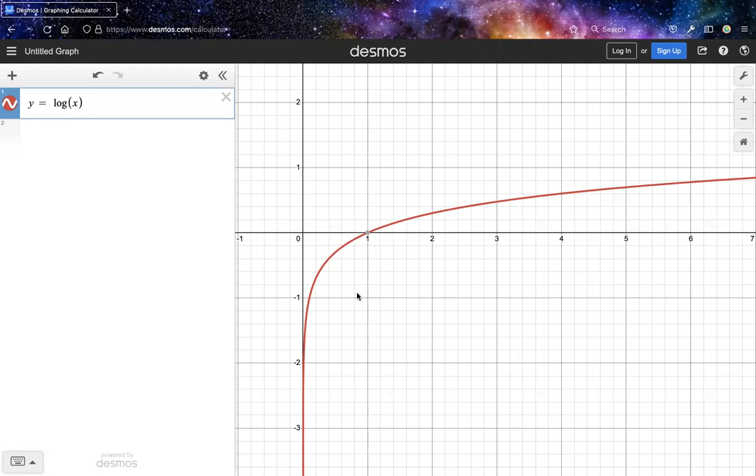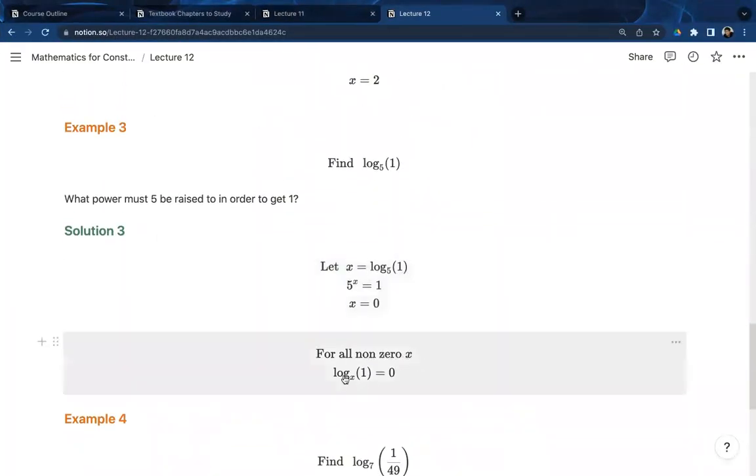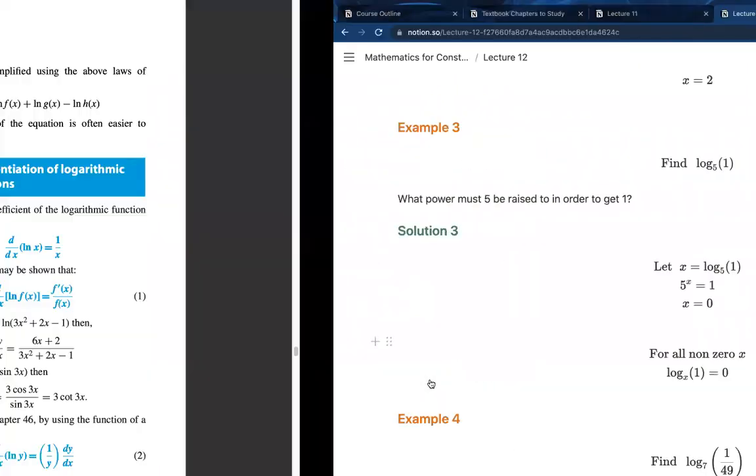That's because the closer to 0 you get, the power, remember, is a fraction, and the y value gets dangerously large. Okay, so it passes through the point (1, 0), right? Because when you want to find the logarithm of 1, the power is always 0. That would give the value 1. That's what we said here, right? For all x, log x of 1 is 0.